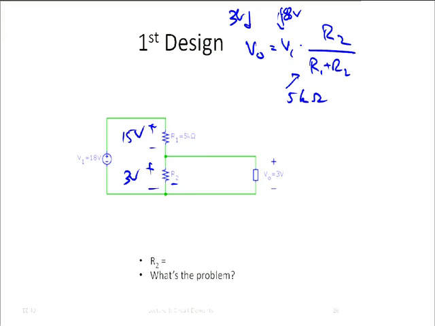If across the 5K ohm resistor we have a drop of 15 volts, and now across R2 we want a drop of just 3 volts, or 5 times less, well then R2 has to be 5 times less also, so it's got to be 1K ohm. And that's probably a quicker and certainly for me more pleasing way to do that, because I would have messed this up anyways if I tried to do it for you now. Okay, so we need 1K ohm.